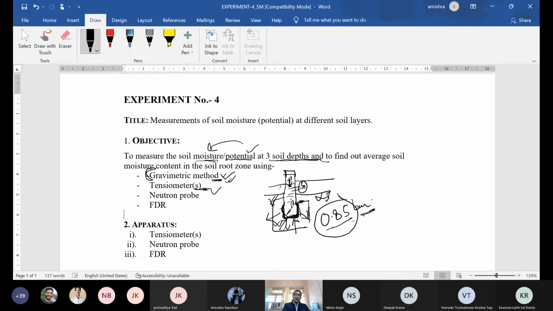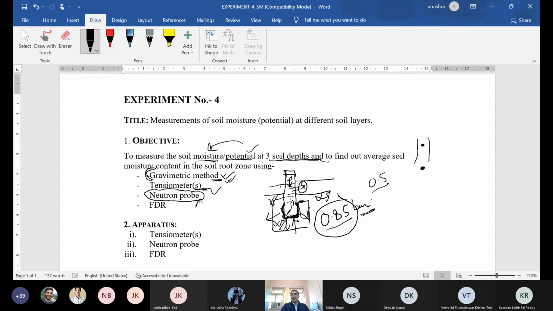Neutron probe, I told you that it has the basic idea of emitting low energy fast neutrons from a source of radioactive material, just like americium beryllium of 0.5 intensity. It is used to emit the low energy neutrons, which are collected back by another probe or collector.